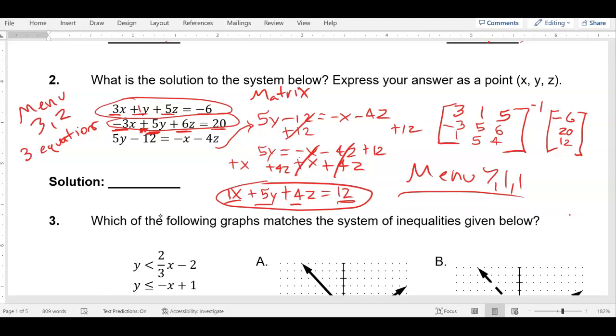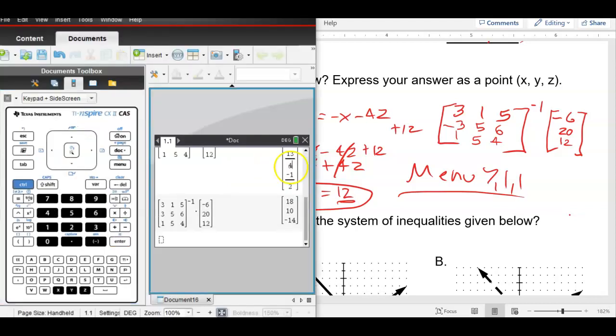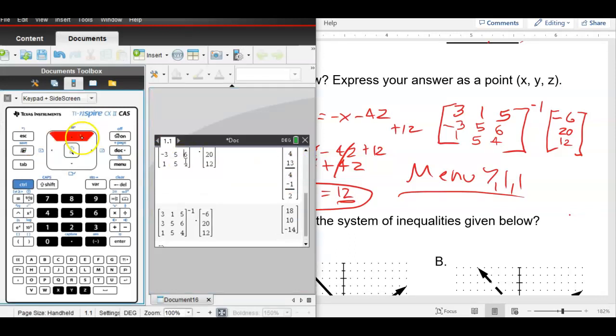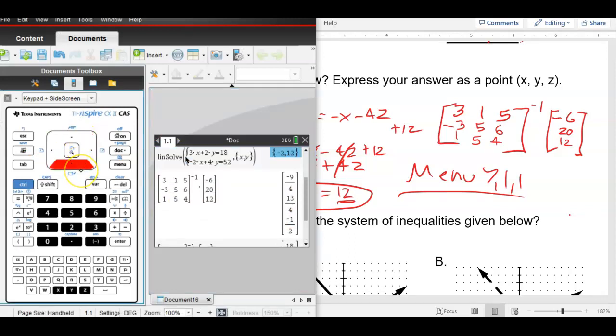Oh my goodness. Okay, well, if you did it the way that it was typed out, you get a bunch of ugly fractions. So -9/4, 13/4, -1/2.